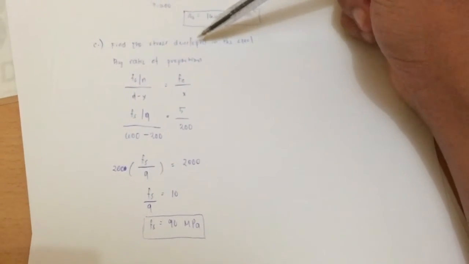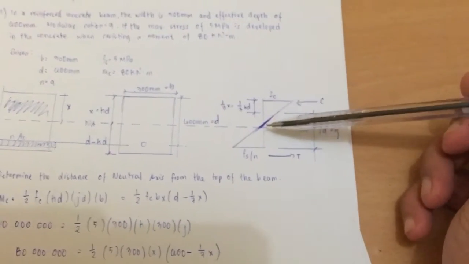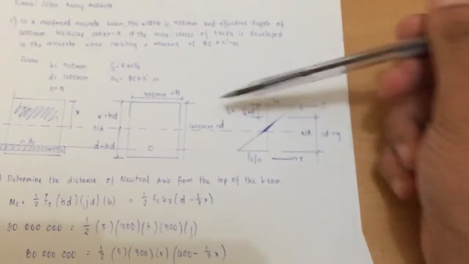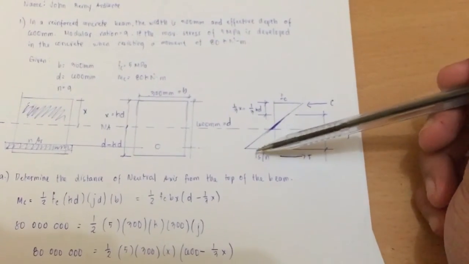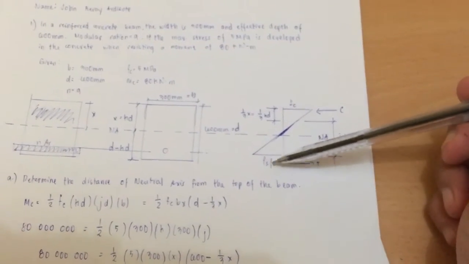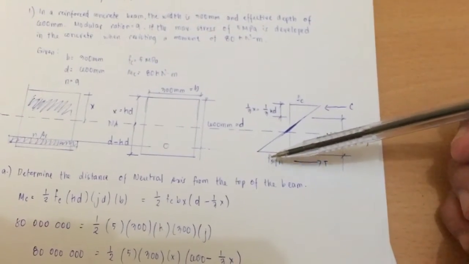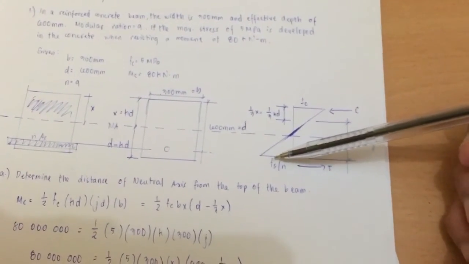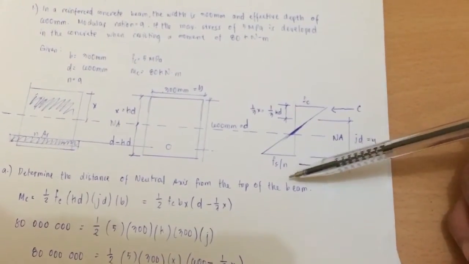Find the stress developed in the steel. In this kind of problem, what you only need to do is the process of ratio and proportion. By looking at this strain diagram, since this is a triangle, we can use ratio and proportion. This is our neutral axis. Fs is what we are looking for, which is the stress experienced by the steel in tension, over n, the modular ratio.